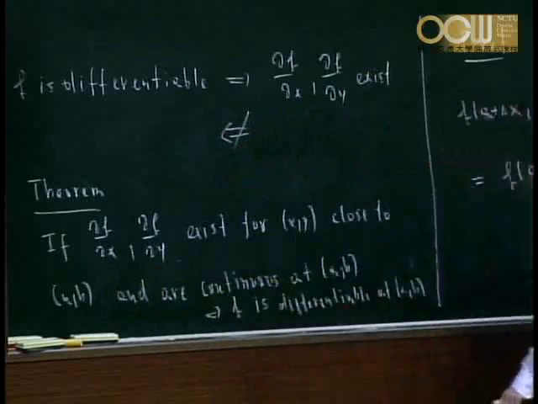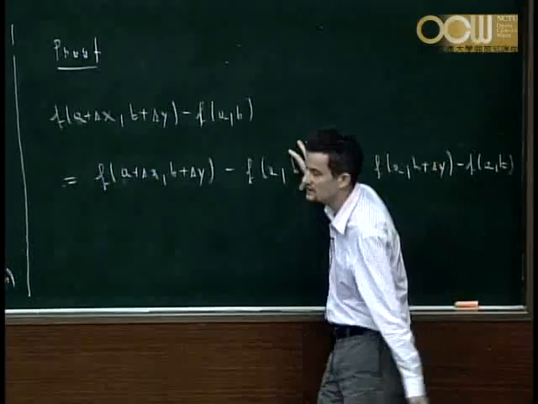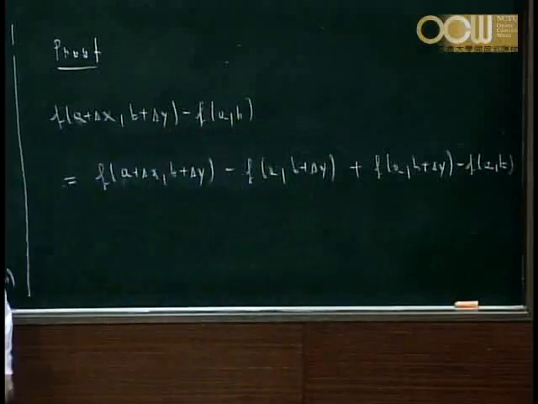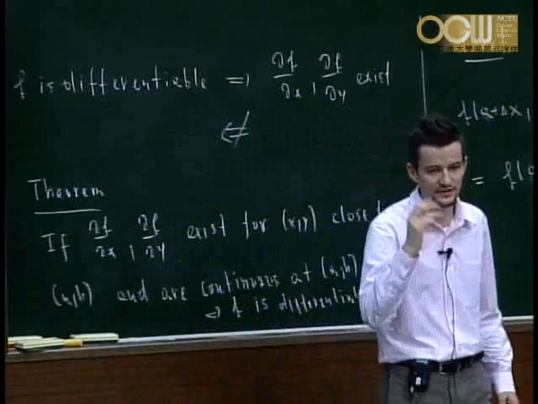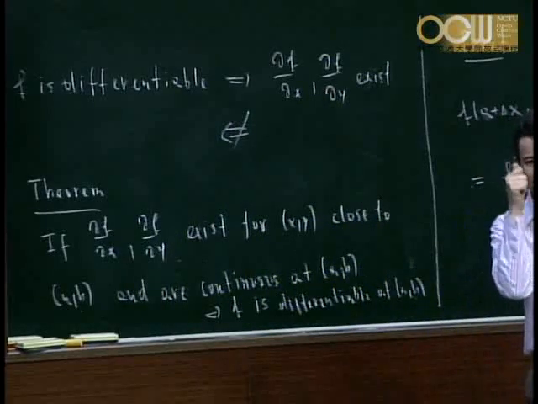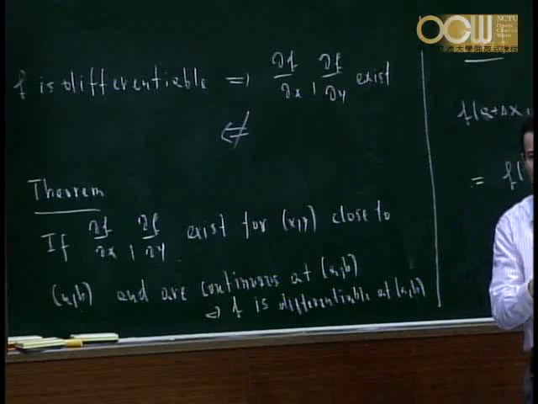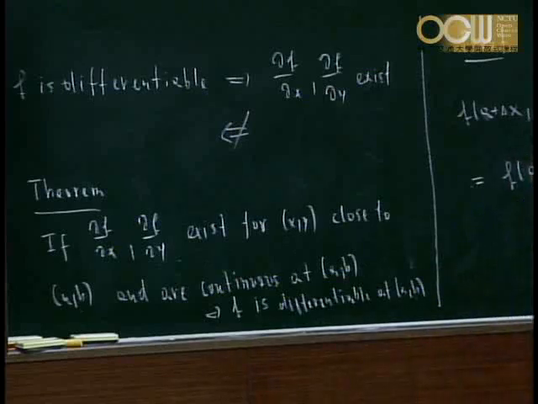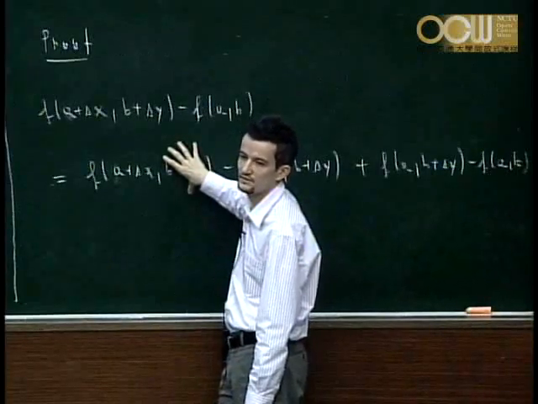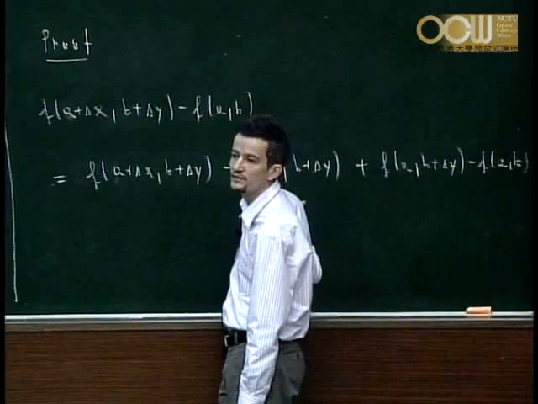So if I fix the second one, the problem boils down to a function of one variable. And this tells you that the derivative exists, so the function must be continuous also. Not as a function of two variables, but as a function of the first coordinate. So you see that this function, if you fix this, satisfies the requirement of the mean value theorem. So you can apply the mean value theorem here.